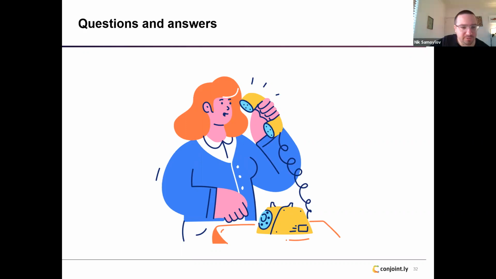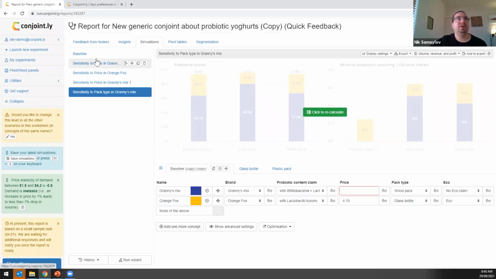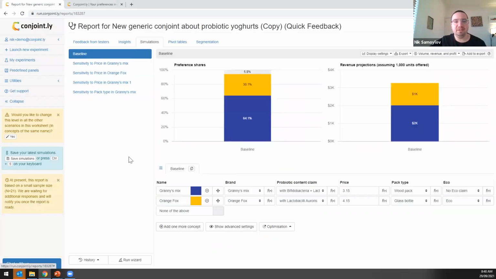How were you able to complete a hypothetical assessment of which attributes would have been picked? Oh, so again, it's a question on the simulator. It all comes back to the fact that from the choice tasks, we estimate individual-level preferences. So we try to understand what individual A prefers, what individual B prefers, what individual C prefers.